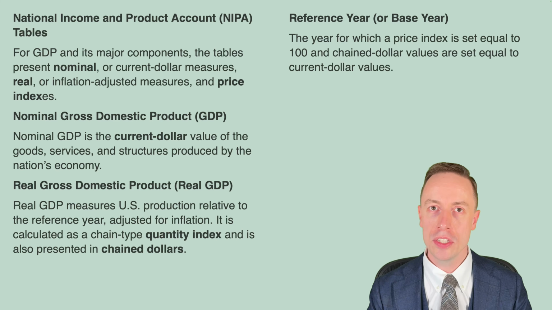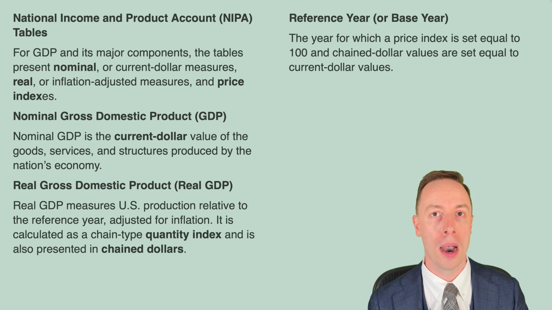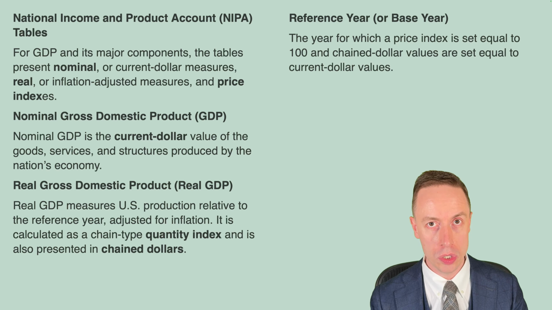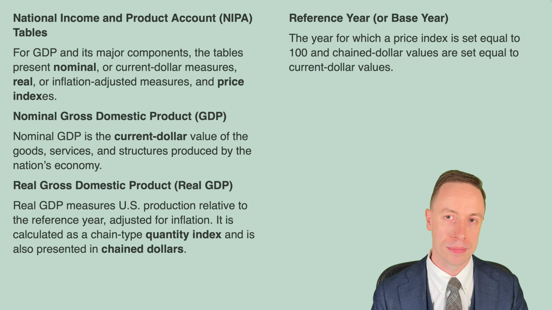This is very close to saying we are measuring production using this year's amounts or quantities, but instead of the prices of this year, we are using the prices of the reference year.